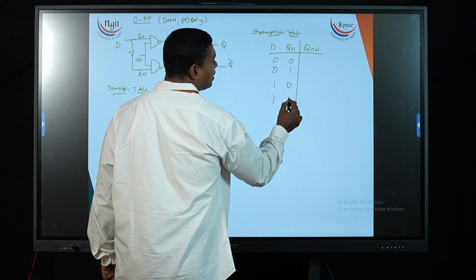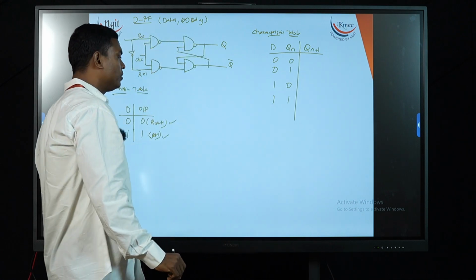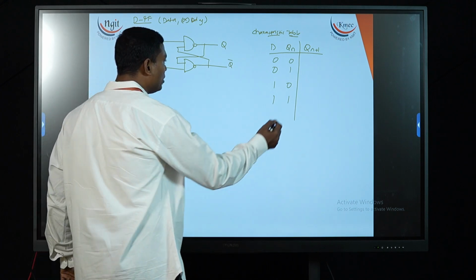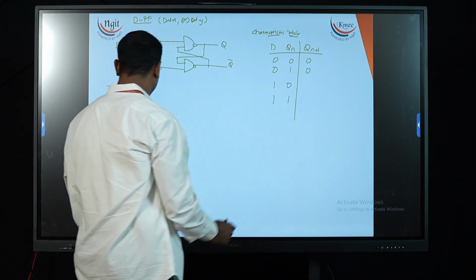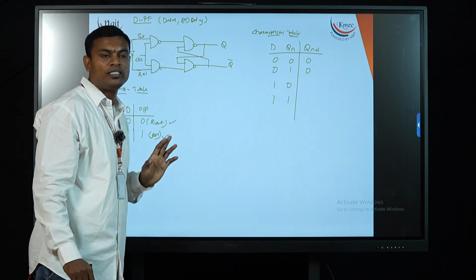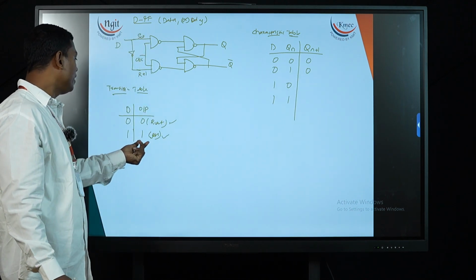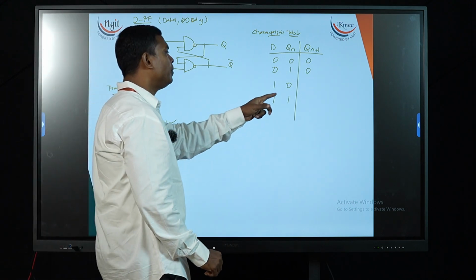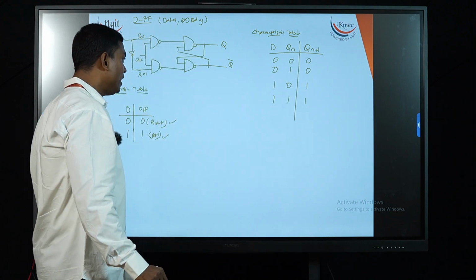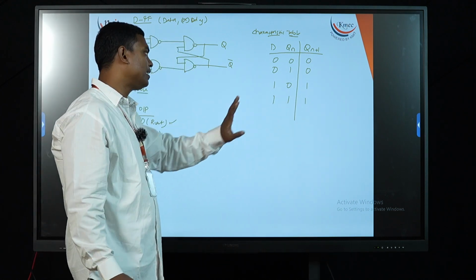For 1, present state can be 1 also. So for 0, it is reset, means it is always 0. For 0 input, irrespective of my present state, my output is always 0. Next, for 1, it is a set, means irrespective of my present state, my output is always 1 here, right? Now I have got my characteristic table.